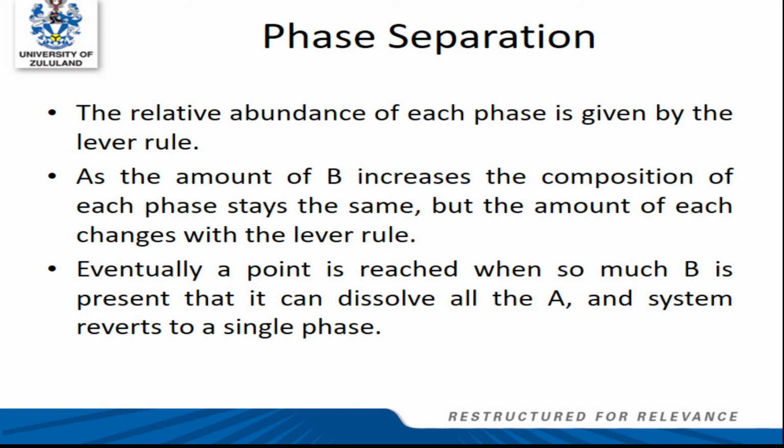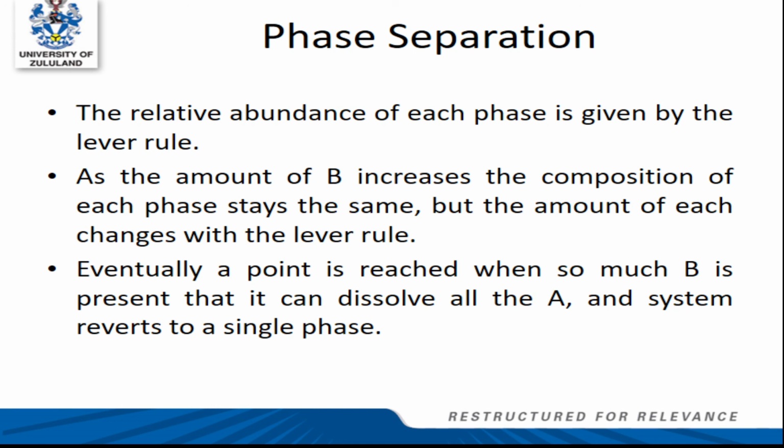Okay, the last thing that I want to talk about is what we call the phase separation. The relative abundance of each phase is normally given by the lever rule. Ladies and gentlemen, if you can go through your textbook, you can read more about what the lever rule is.